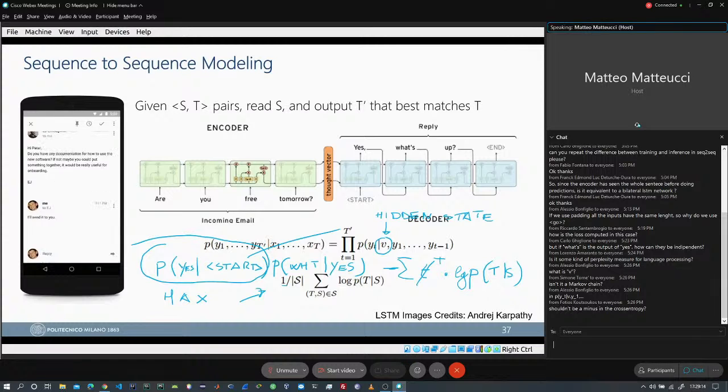Now, to be honest, this was the state of the art in language modeling, in text prediction, in sequence-to-sequence modeling. Nowadays, this is the simplest model possible in sequence-to-sequence modeling.